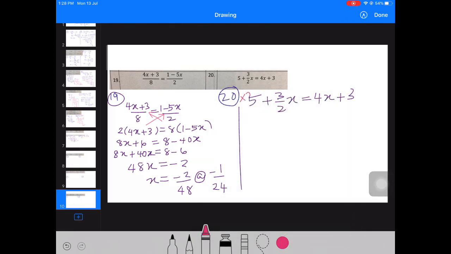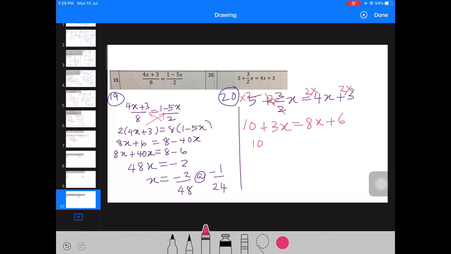So you times 2 here. Here also you times 2, times 2 and times 2. So you get 10. 2 times 5 is 10. This one, the 2 can be cancelled off, plus 3x equals 2 times 4 is 8x, plus 2 times 3 is 6.